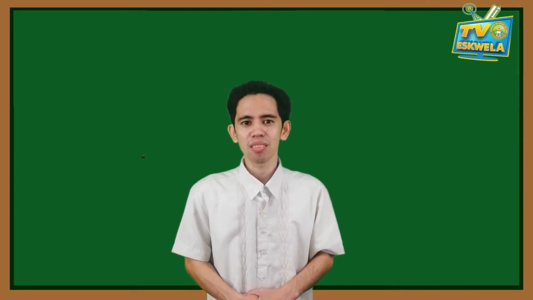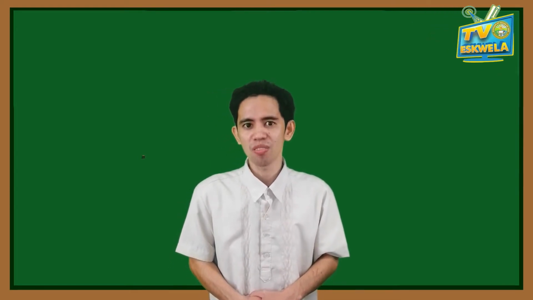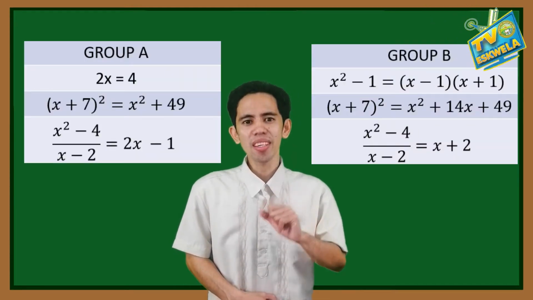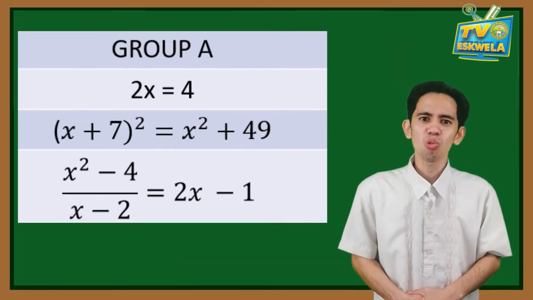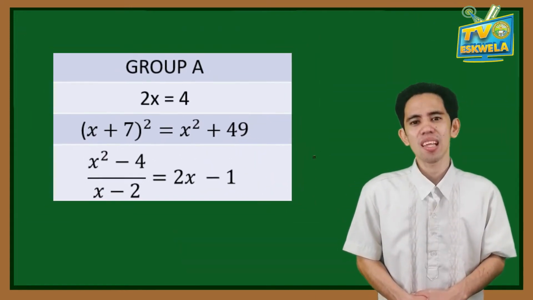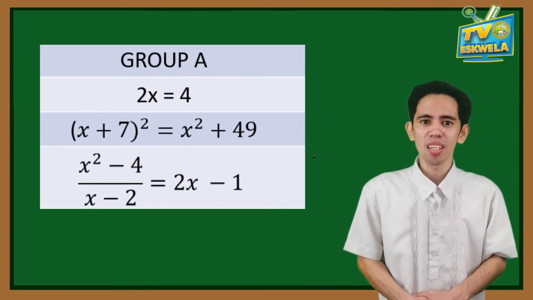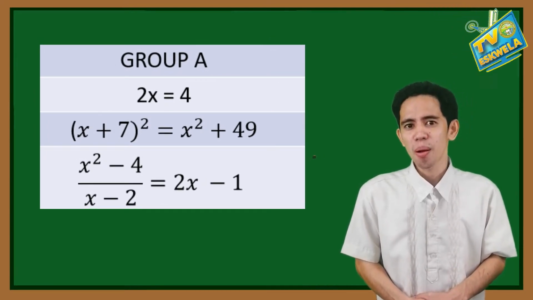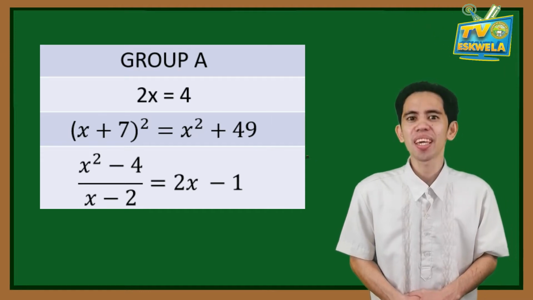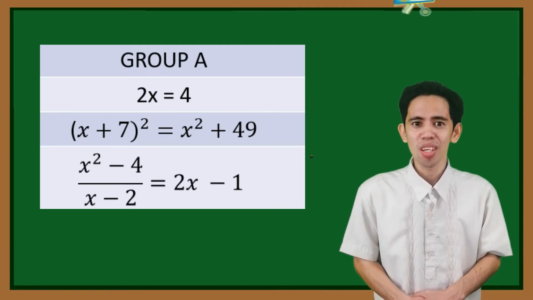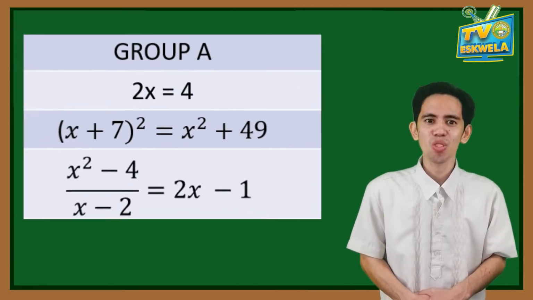As examples, we have to consider these two groups of equations, group A and group B. For group A, we have 2x is equal to 4, then quantity x plus 7 squared is equal to x squared plus 49, and x squared over x minus 2 is equal to 2x minus 1.